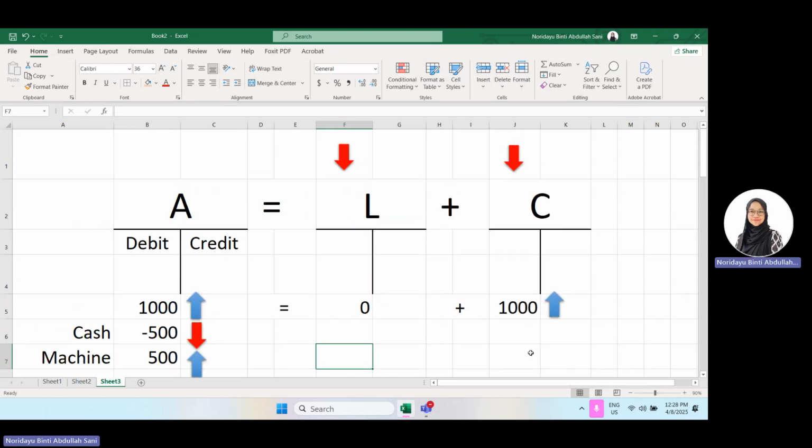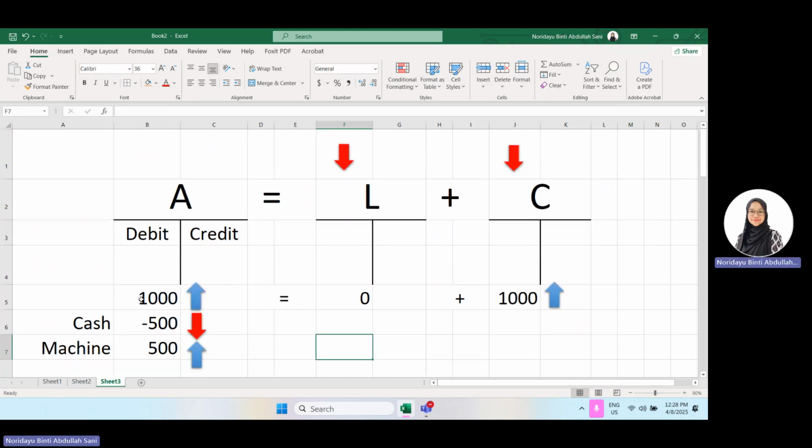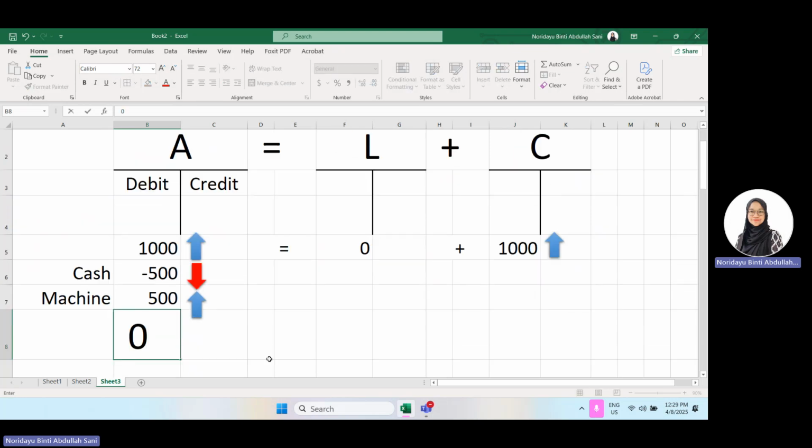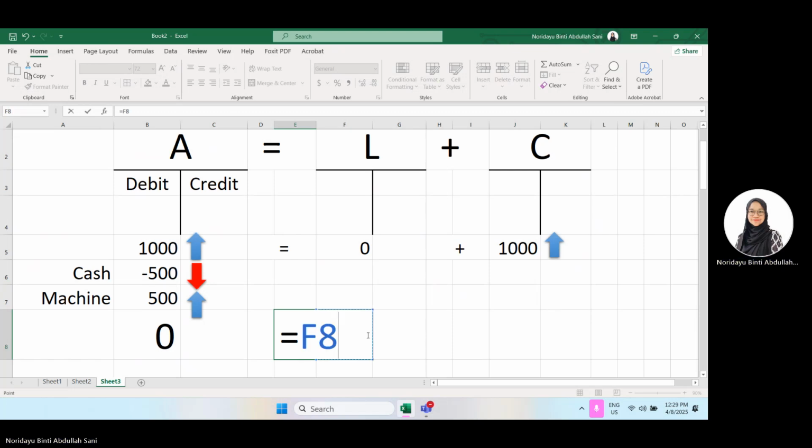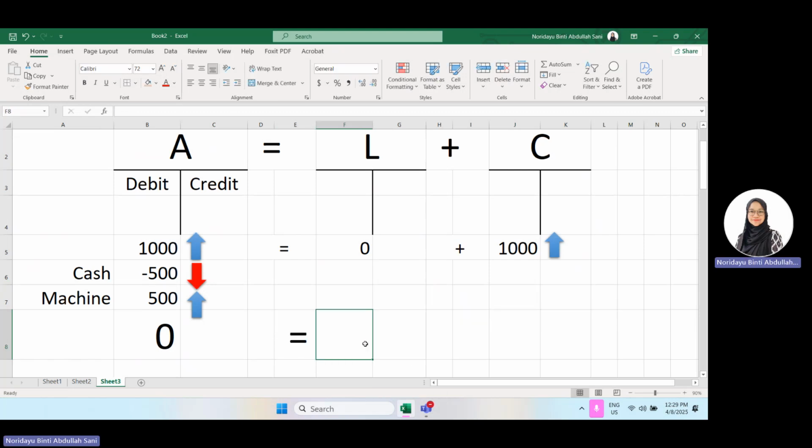So now when I show this accounting equation, minus 500 plus 500, it actually becomes 0, right? So 0 equal to 0.